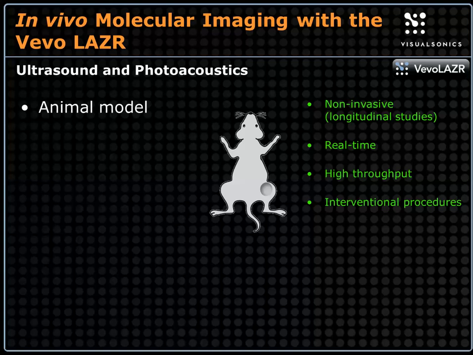Using the setup we've got, we can get a fairly high throughput, as well as being able to allow interventional procedures such as surgeries or injections or other imaging during these interventional procedures, which is feasible with our system. And I'll show you a picture of what that can look like.